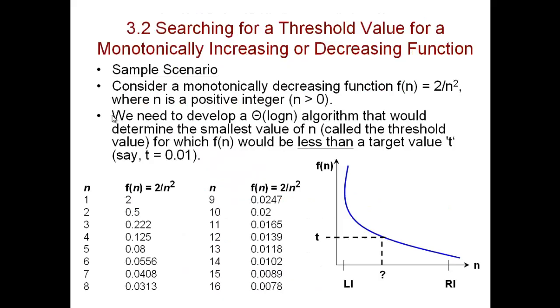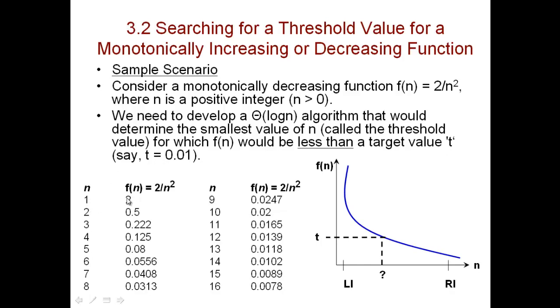So you may wonder, what should I choose as my left index and right index? Given a function like this, and n greater than 0, you have to try some trial and error. Let's try the first value of n, which is 1, and f of n comes out to be 2, which is obviously greater than 0.01, our target value. And we know it's a monotonically decreasing function, so the function values can only reduce from here. We cannot go above 2 as you increase n.